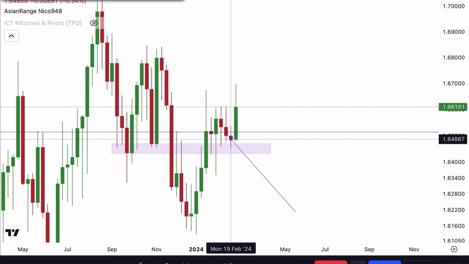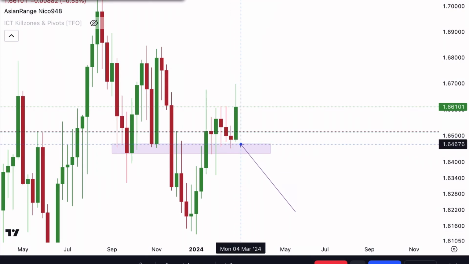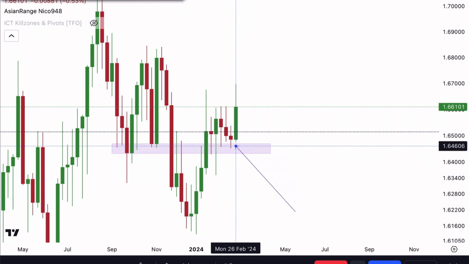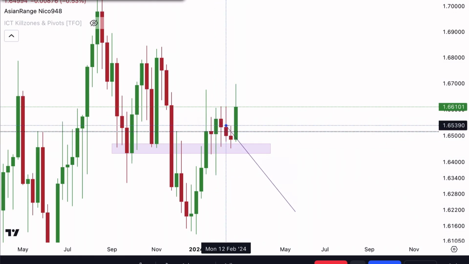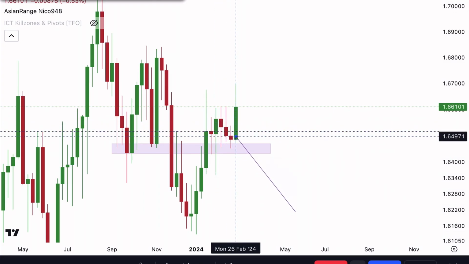This is an indication that price may want to go higher, because we had price pull back to the support level, followed by this big green engulfing bullish candle. So there may be a possibility that price will continue to the upside.